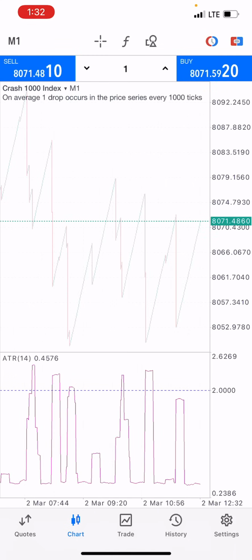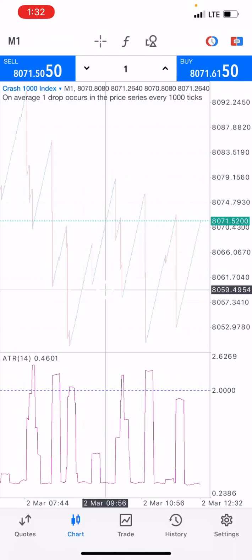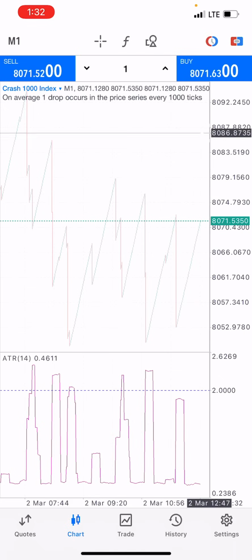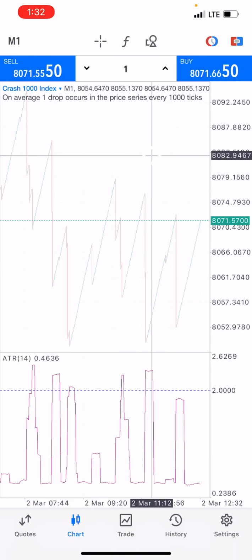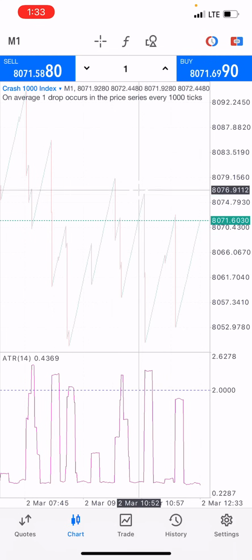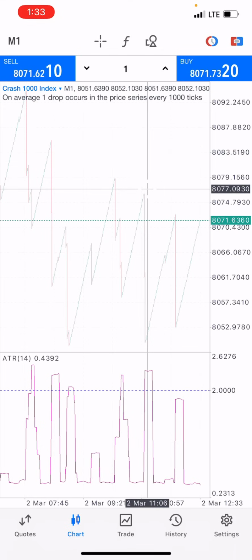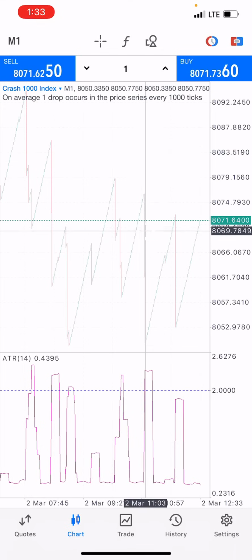We are using the first zoom level right now. I will use this surface right now to show an example of this strategy. Remember, this is what you need to do. If you observe, guys, each time there is a spike, trace it down. I want you to trace it down with me.